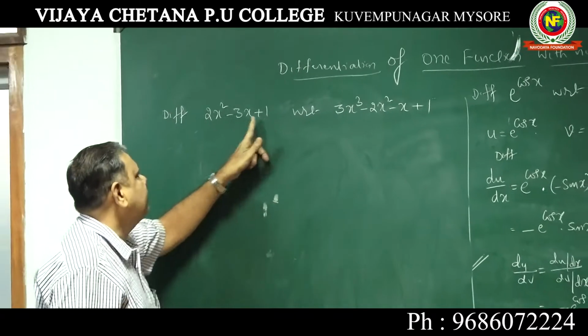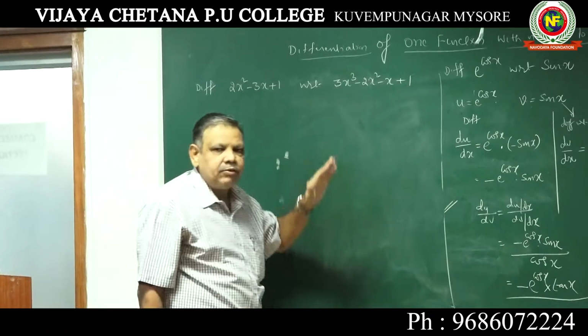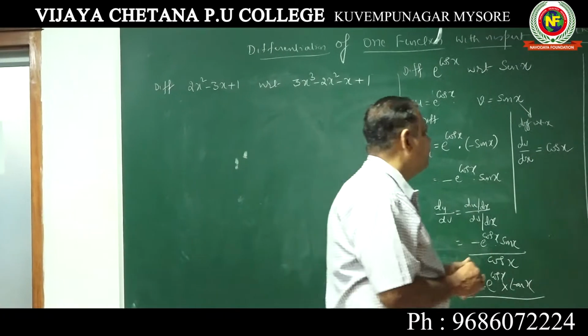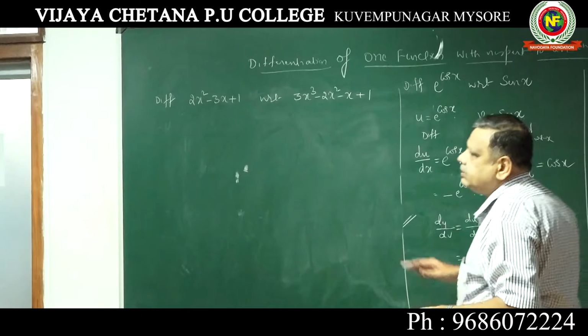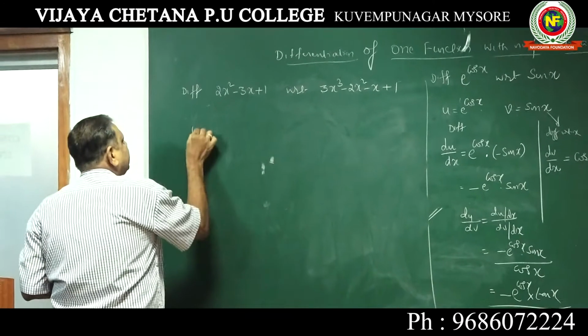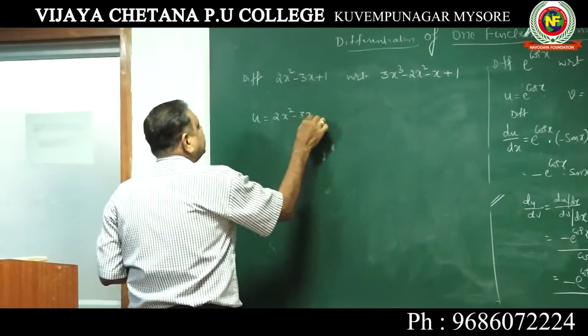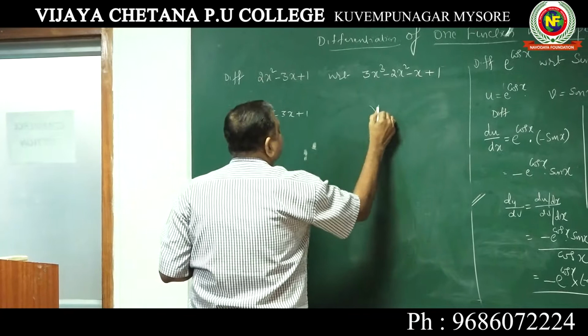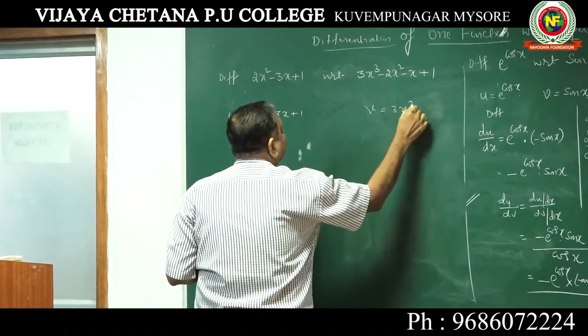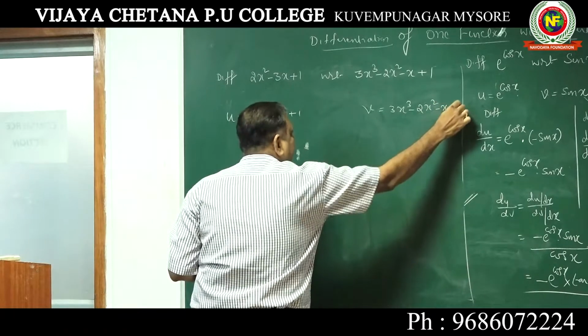Take the first one as u and the second as v, then differentiate. u is 2x square minus 3x plus 1 and v is 3x cube minus 2x square minus x plus 1.